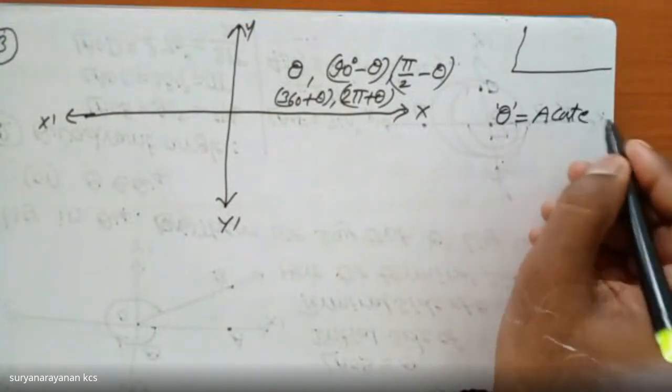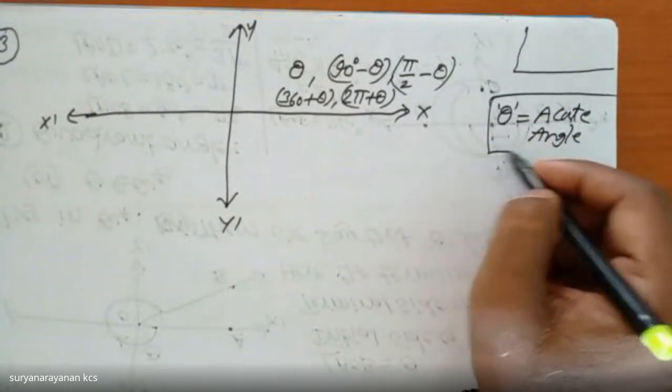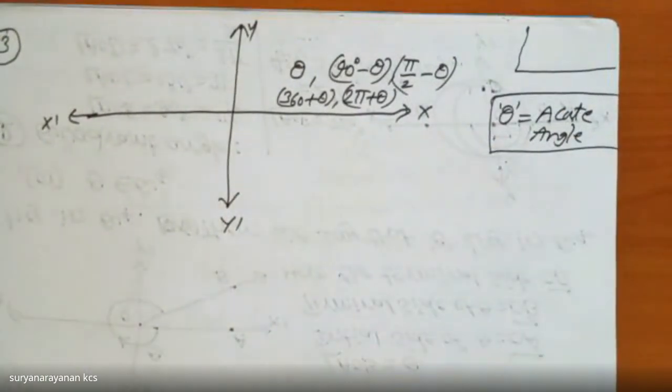What is meant by acute angle? Tell me. Yes, my dear Catherine, less than 90 degrees.